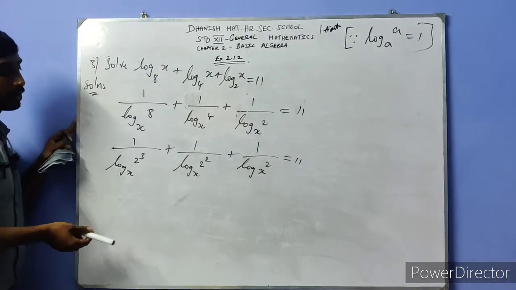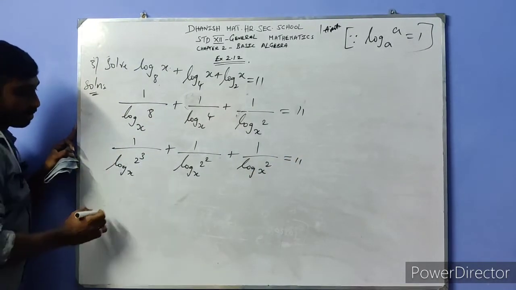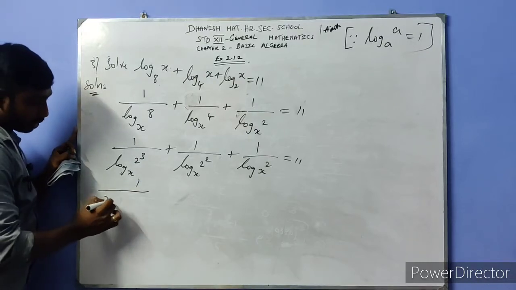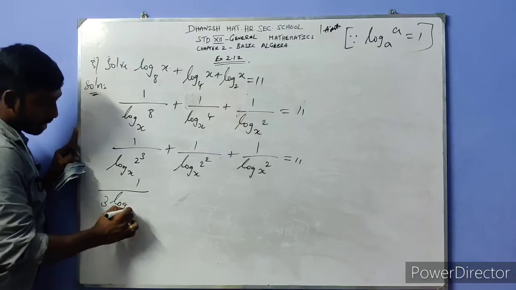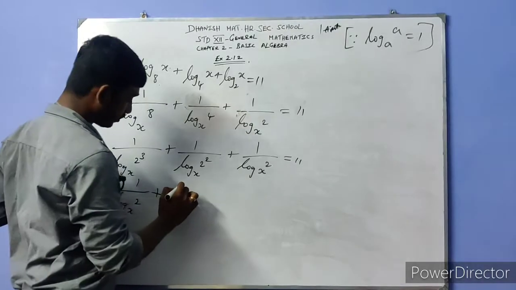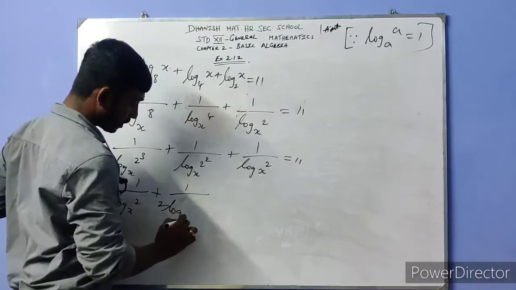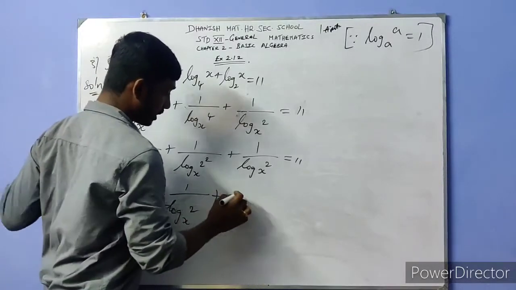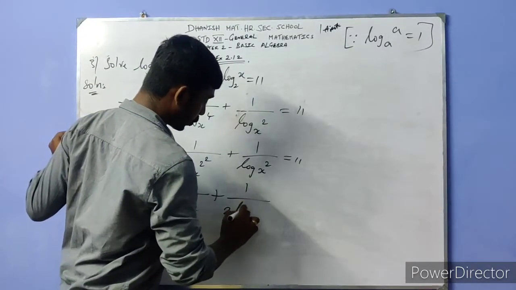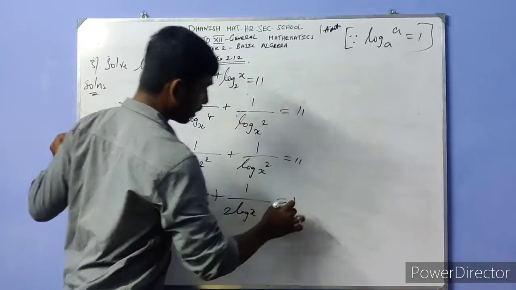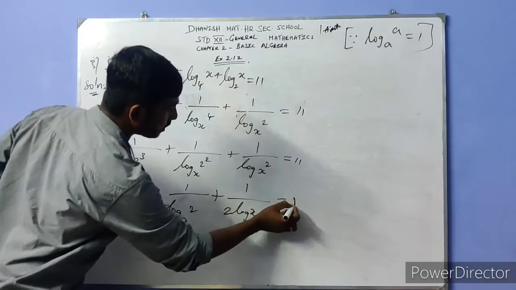Now we are using the power rule method here. What is the power here? The 3 will go in front of the log. So 3 log x square plus 1 divided by 2 log x power 2, then 1 divided by 2 log x equal to 11.